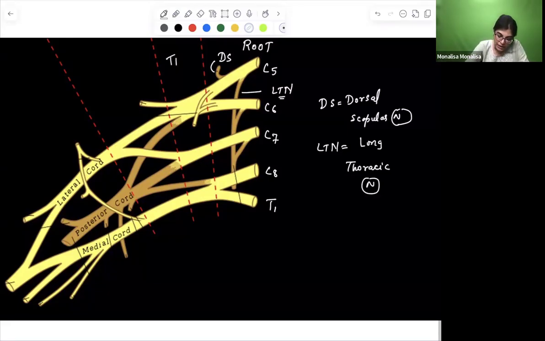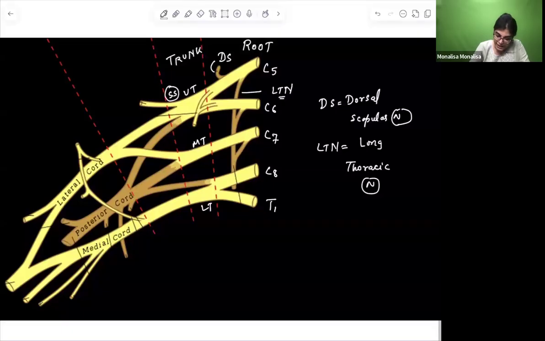Now talking about the trunk of brachial plexus. This is the upper trunk, this is the middle trunk and this is the lower trunk. Now, from the upper trunk, there are two branches.